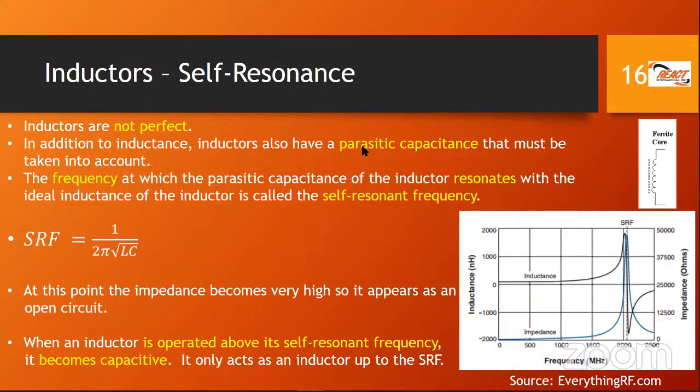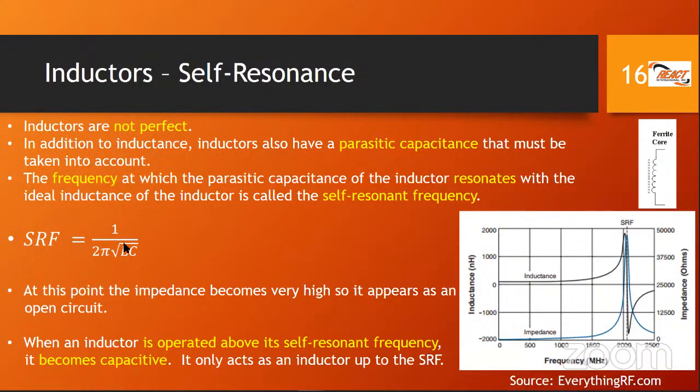Imagine you want to put an inductor into your circuit to tune a circuit. But wait a minute, that inductor has capacitance. Whoa, that could be a problem for you. So you need to bear in mind that imperfection with the components. We also need to bear in mind that the frequency at which the parasitic capacitance of the inductor resonates with the ideal inductance of the inductor is called the self-resonant frequency, or SRF.